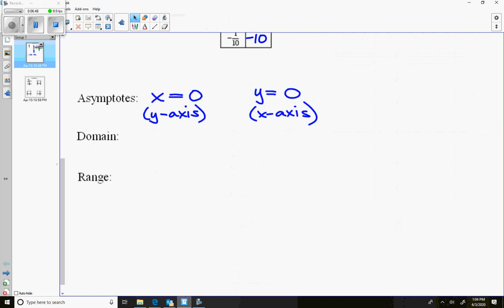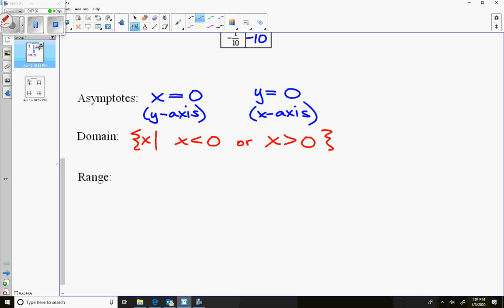So what is our domain? Well, our domain is all the x's such that x is smaller than 0, everything left of the y-axis, or everything greater than 0. Now, if you wrote it like that, that is 100% correct.